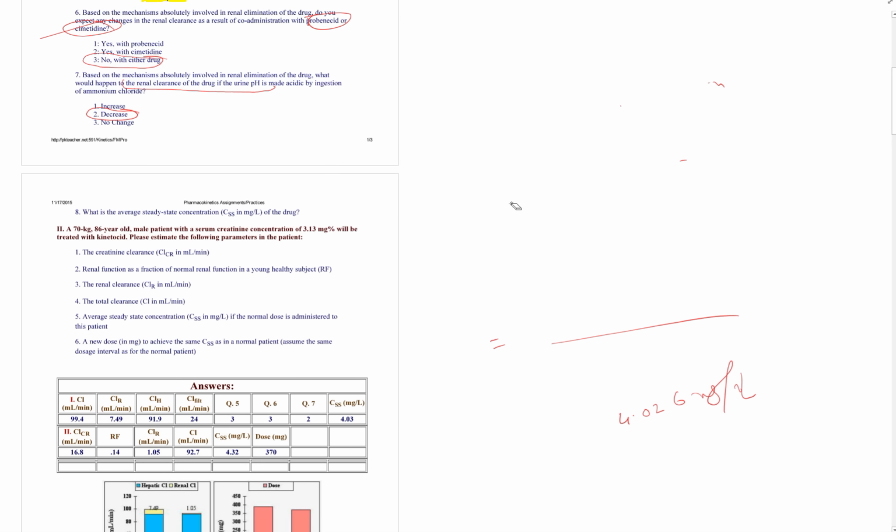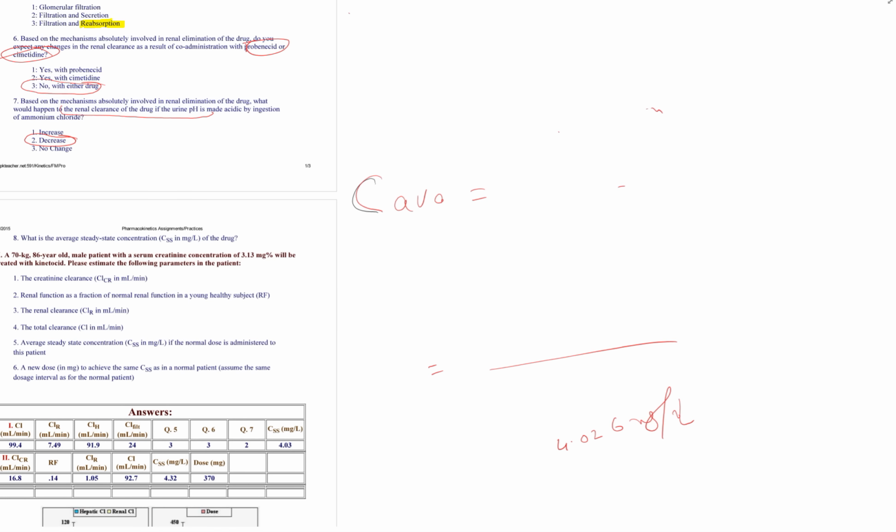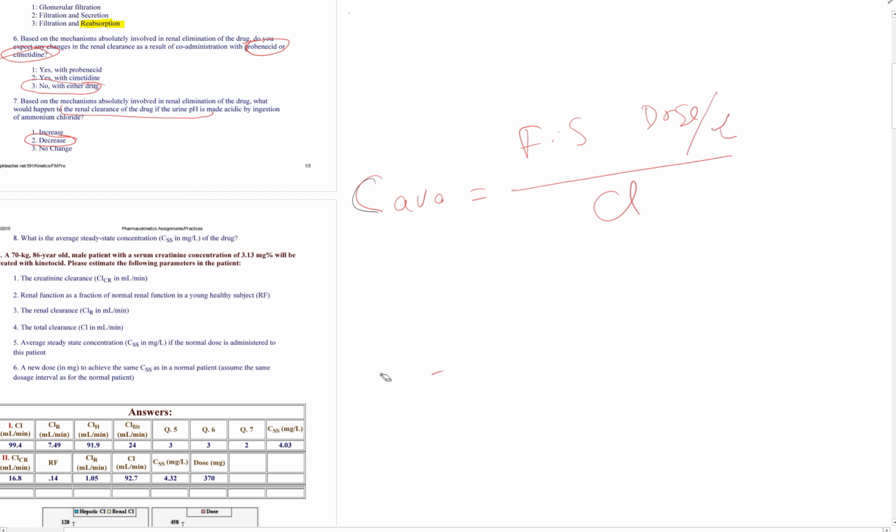So this is the equation you have to use: C average is equal to F times dose divided by tau, divided by CL, and this will give you an answer.